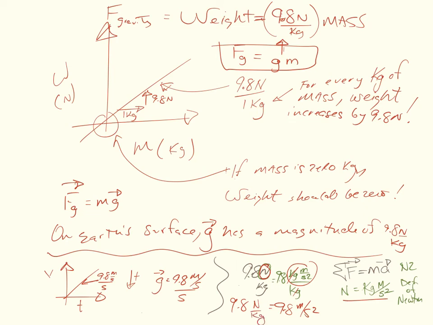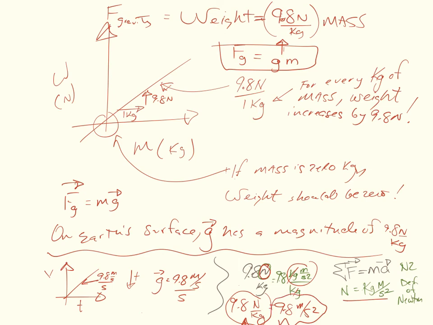Nobody knows why, but on the Earth's surface you get the exact same number for your acceleration due to gravity in meters per second squared as for your gravity field strength, how much the Earth pulls for every kilogram. So the strength of our gravity field is identical to our acceleration due to gravity.